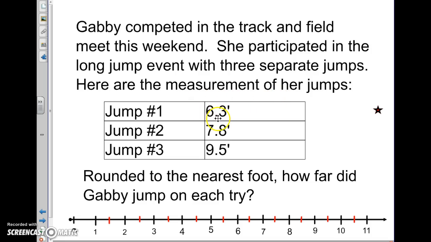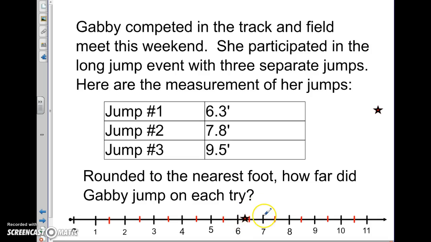So the first jump is 6.3 feet. So why don't we find where that would be on this line plot? It's going to be 6 feet and a little bit more. Remember, the red line is 6.5, so it's going to be a little bit less than that, so it's going to be right about here. So for this one, when we're rounding to the nearest foot, we ask which whole foot is this closest to?